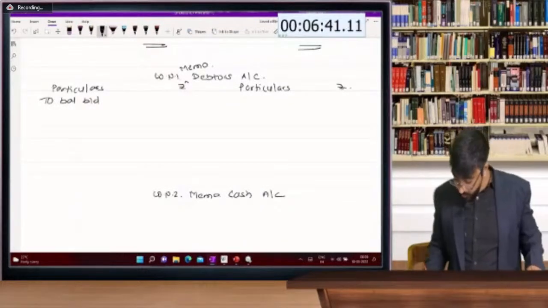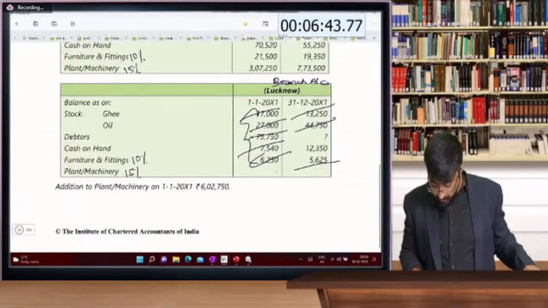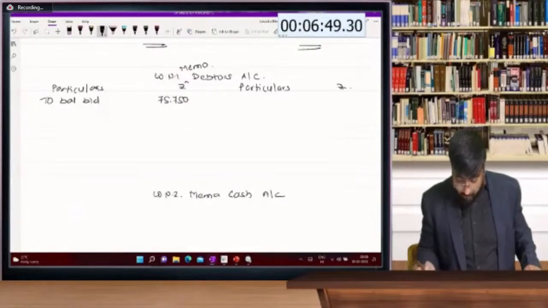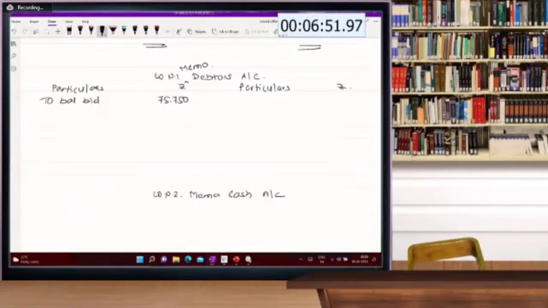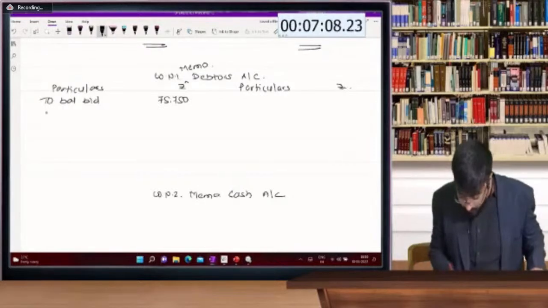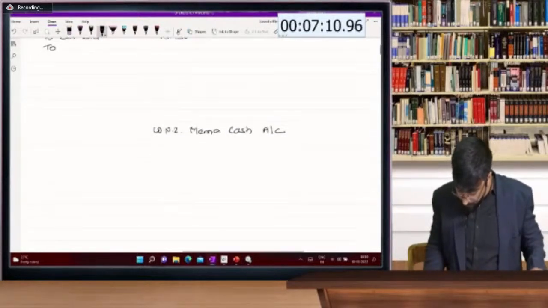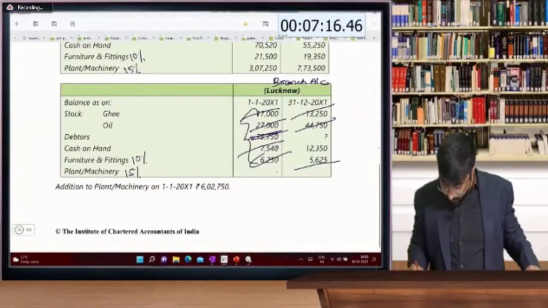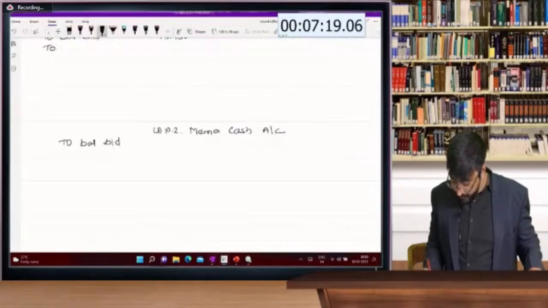To balance brought down, debtors 75,750, 75,750, debtors 75,750. To balance brought down, cash also 7,540. Please maintain speed with me.